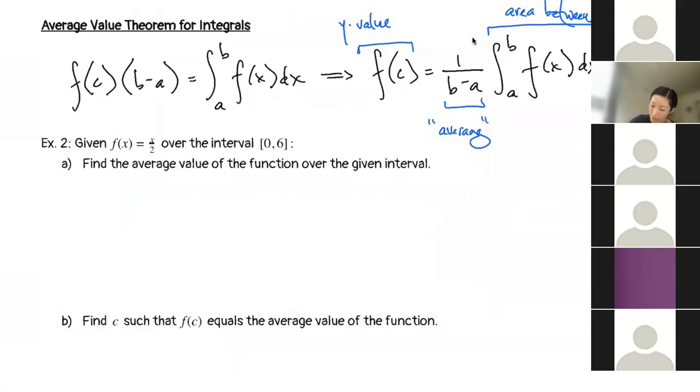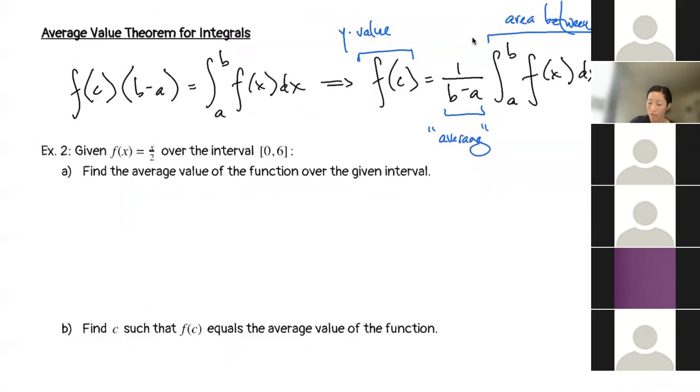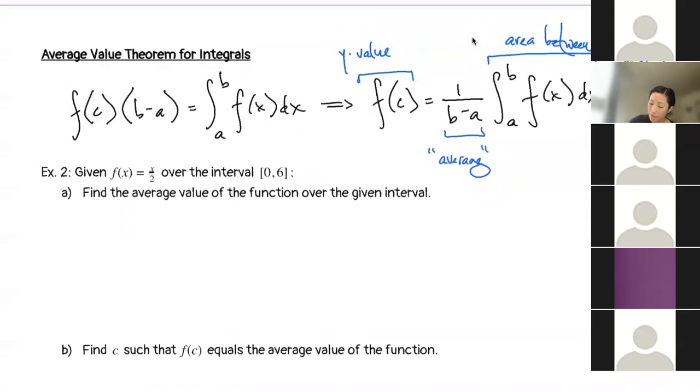So in this case, we have a function f of x equals x over 2, and we're looking over the interval 0 to 6. So the question says, find the average value of the function over the given interval. And so when we're looking for the average value, what we really mean is we want to find that y value. Okay.